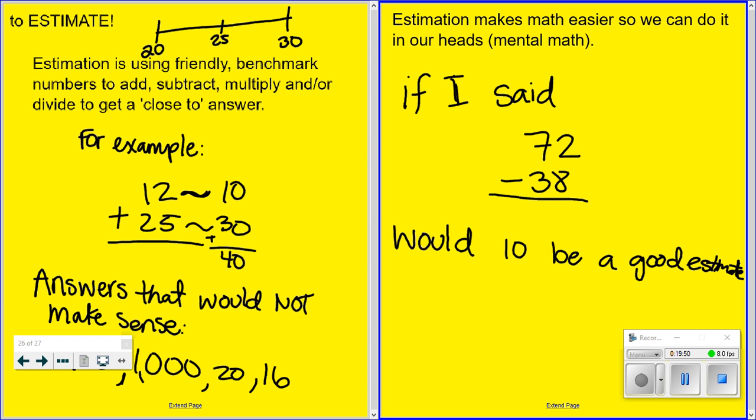72. What is 72 close to? What benchmark number is that going to be close to? Autumn, what do you think?